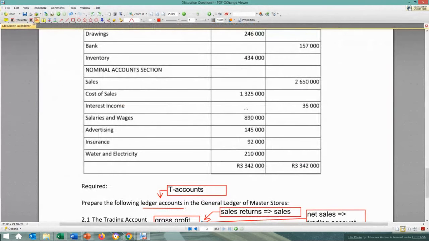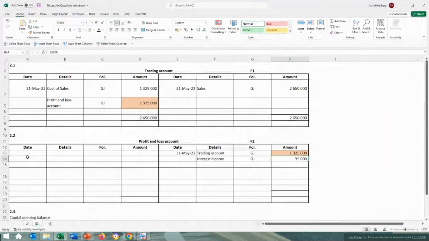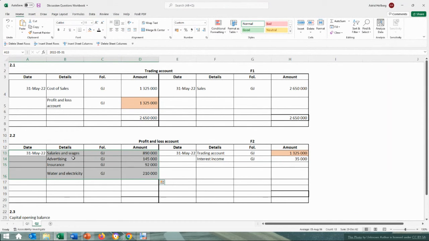Then we do the same process for all the expenses: your salaries and wages, your advertising, your insurance, your water and electricity. Because they are debit balances, we would credit them to remove them out of the nominal accounts and we would debit the profit and loss account. So we've got four entries there.